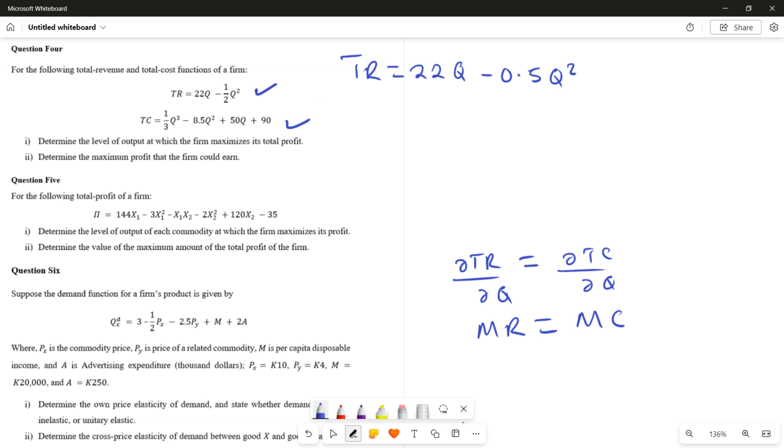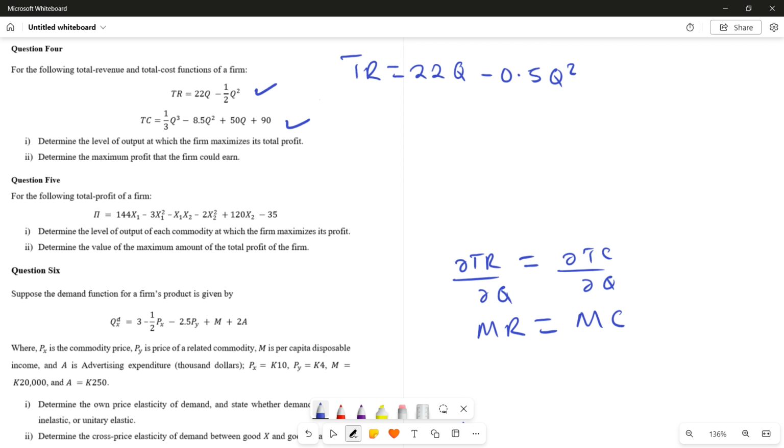How do we get the marginal revenue? Let me just emphasize, every time you see the word marginal, just know that there's a function somewhere that has to be differentiated, or there's a function somewhere that was already differentiated. So since we want to get the marginal revenue, it means that we have to differentiate the total revenue function.